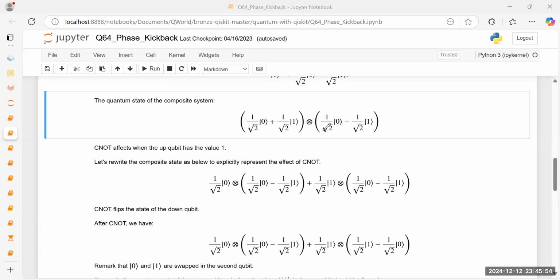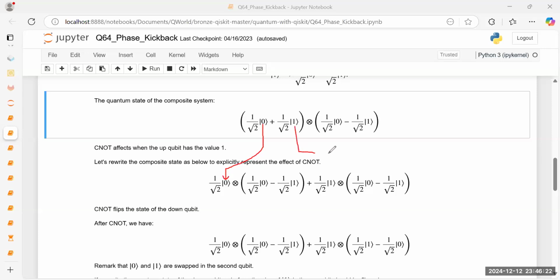We have a tensor, but we'll just do this the same way we do normal multiplication. So we'll distribute 0 and 1. The 0 we have here, that's what we have here.